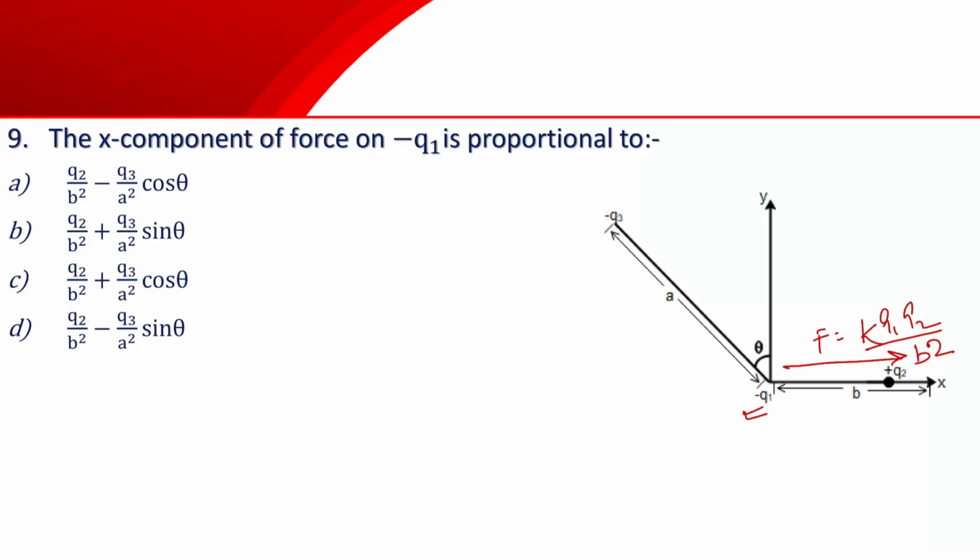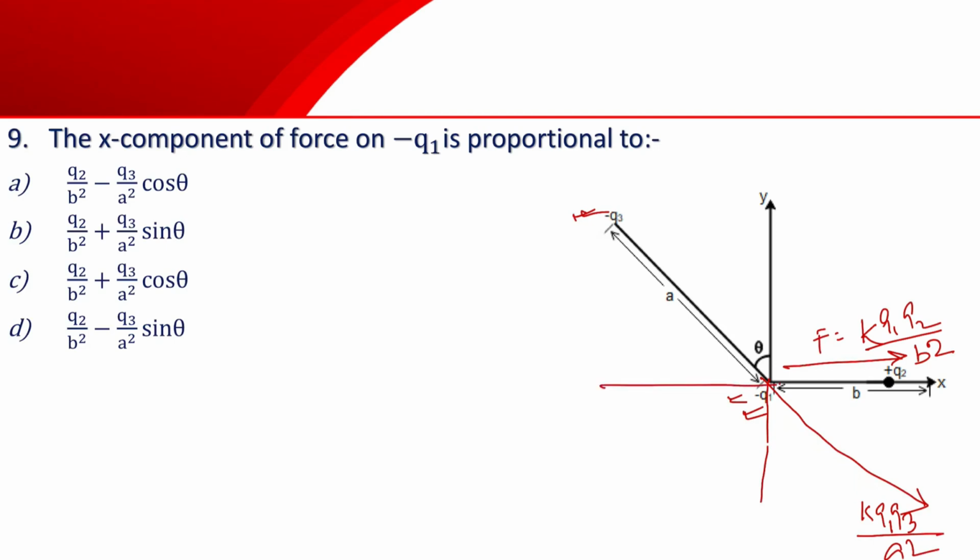This is the force. Now this Q3 will repel this Q1, so it will be along the line in this direction, and that force will be K Q1 Q3 by a square, as a square is the distance.